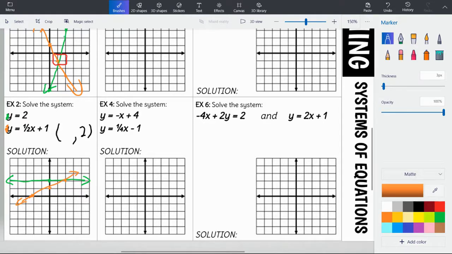You can see where they intersect. They're intersecting right here, which is 2 over and 2 up. So it's the point 2, 2. We should box that as well. There's our solution.